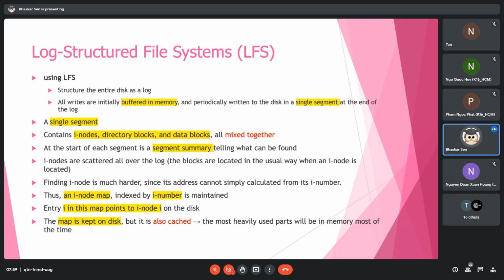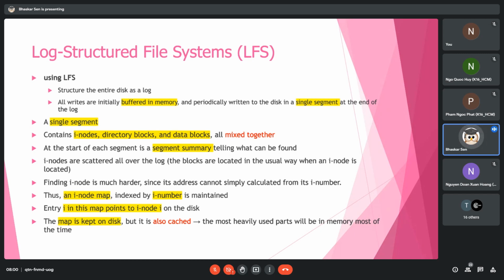Now, when you say dumped, that is literally what it is, because inside that segment, your data, your inode numbers, the file name, okay, all sorts of things will get jumbled up. So how will you find out exactly where, in which part, exactly where the inode is?